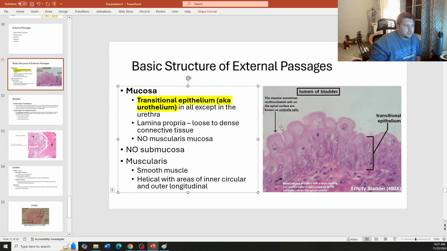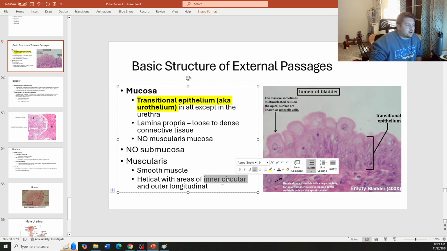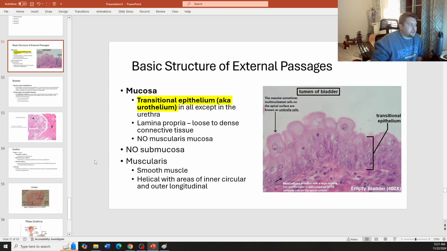That's what this is, where it looks very different. It's also called urothelium. If you ever see that in an exam, that's what that's referring to. The mucosa layer also has lamina propria, but no muscularis mucosa. There is no submucosa. And then we have smooth muscle, where we have areas with inner circular and outer longitudinal smooth muscle.